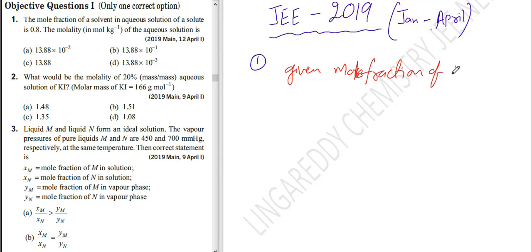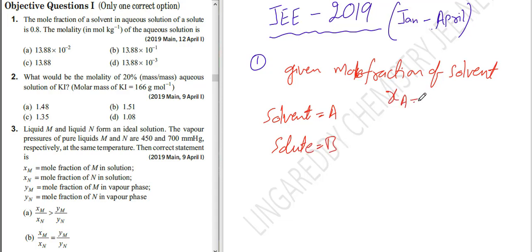Generally, solvent we will represent with A, solute with B. That means here XA is given 0.8, therefore XB equals 0.2.